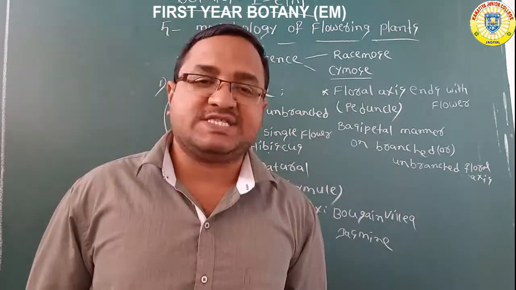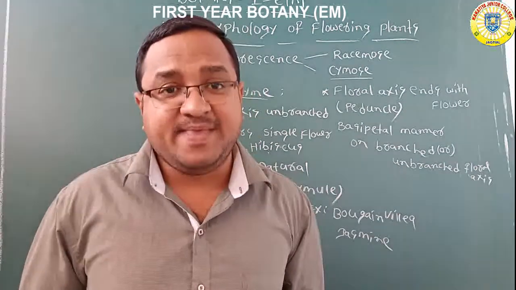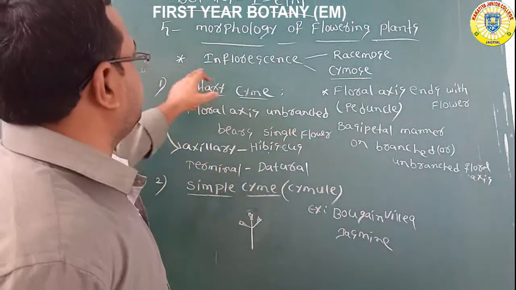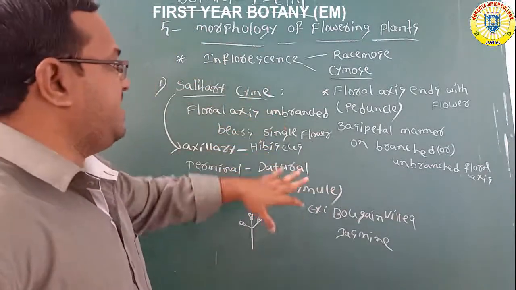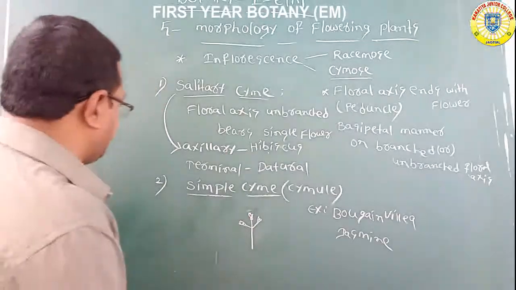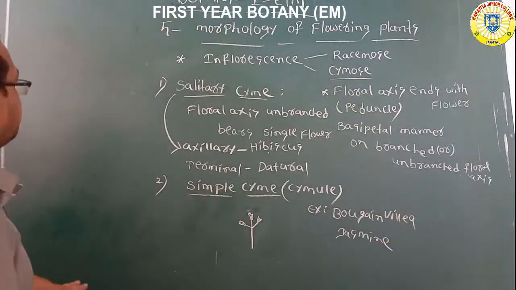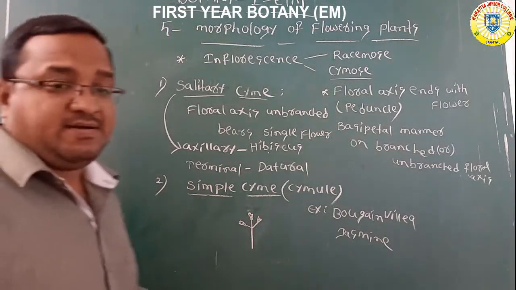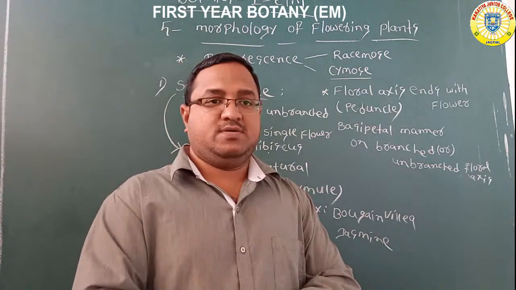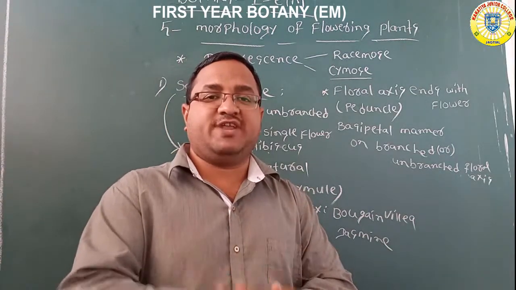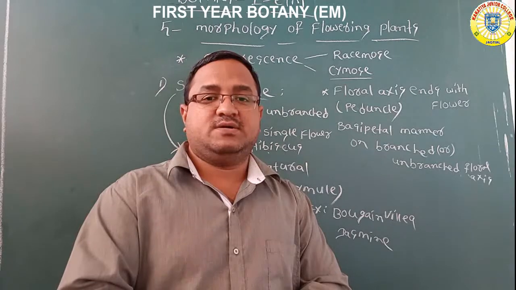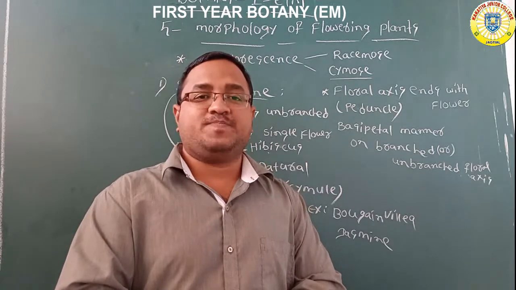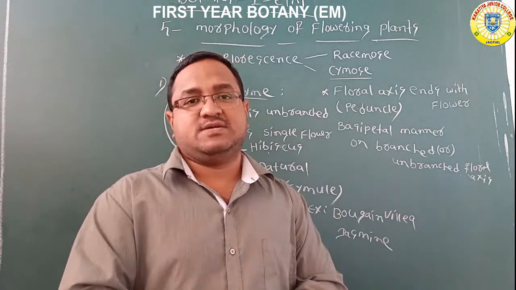Depending on the branches, this cymose inflorescence is divided into three types. How many branches are developed from the floral axis: one branch, or two branches, or three branches.